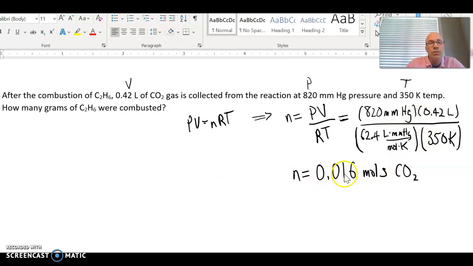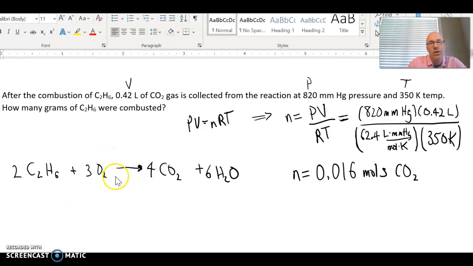So at this point, you might as well just say in the problem: how many grams of this wood right here would be combusted if we collected this many moles of carbon dioxide? At this point, it's just a standard stoichiometry problem. Let's start with the balanced equation.